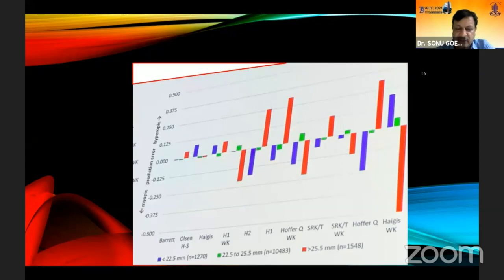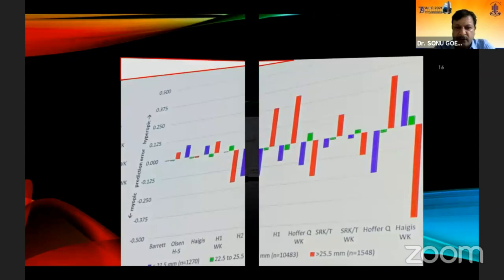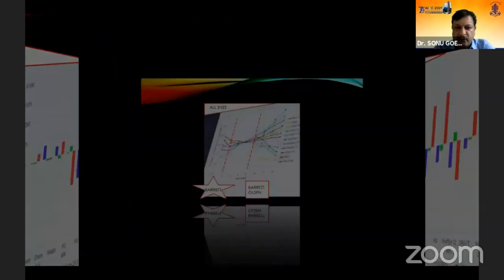So I think these three formulas hold very strong when you are dealing with the extremes of axial length, the short, the long, and even normal eyes. On the extreme right are the rest of the formulas, where there is a high degree of error with high axial length. So Barrett, Olsen, and Haigis are the three formulas when you are dealing with the extremes of axial length.